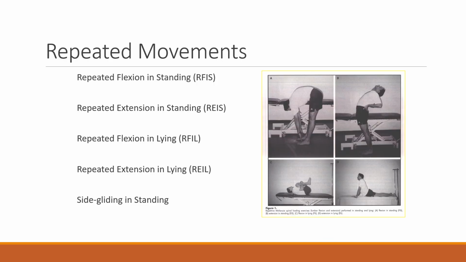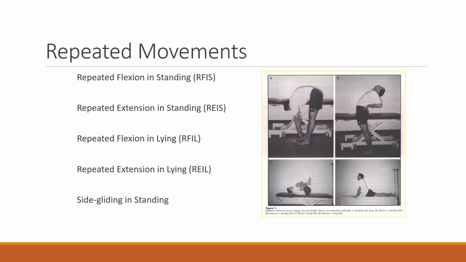When we described the treatment-based classification scheme, we mentioned that one of the first components of our examination is going to be to evaluate range of motion, specifically repeated movements, to see if that patient is going to respond to a specific exercise program, meaning that we've either found a directional preference or a centralizing maneuver that we can utilize with our treatment plan. If that is the case, we're going to go in that direction.